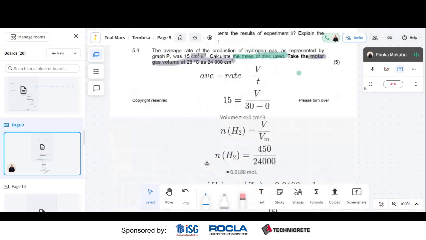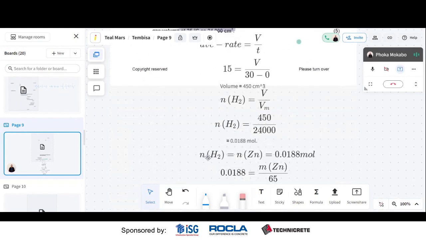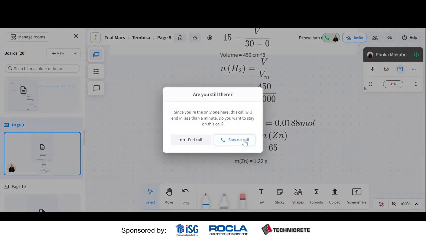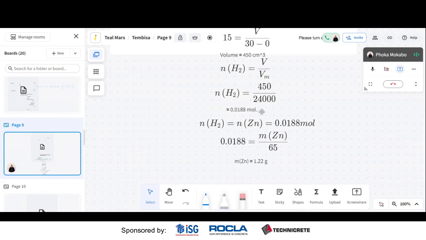So therefore, the number of hydrogen moles is equal to the number of zinc moles, which is equal to 0.0188 moles. Take that, substitute it into the molar equation again, this time for zinc. And because it is a solid and not a gas, we use the mass molar equation as opposed to the volume molar equation.